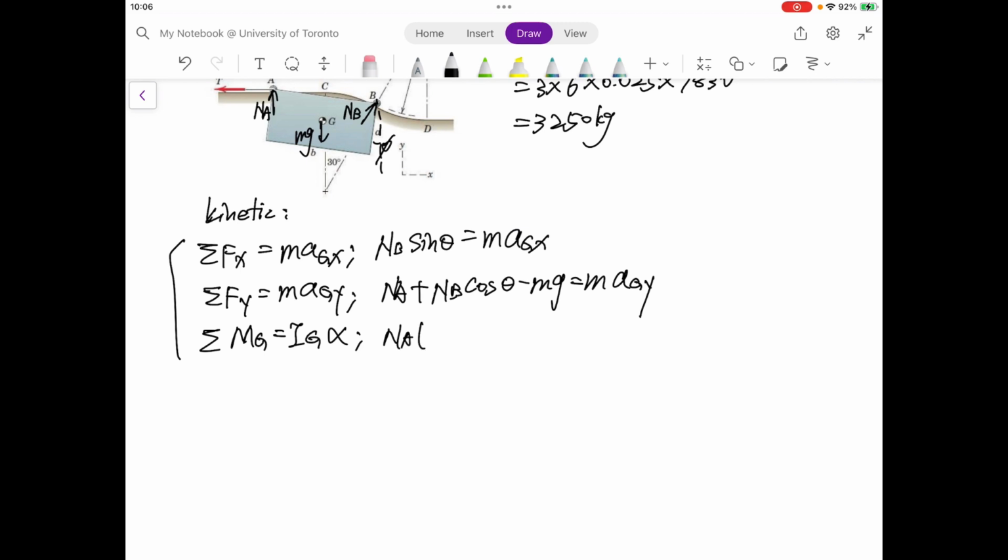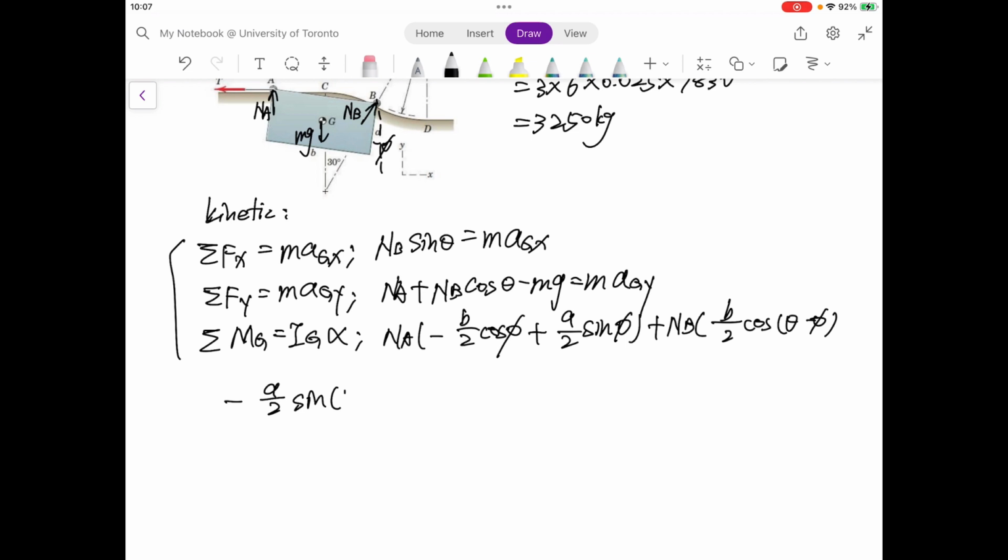Then N_A times negative b over 2 cosine c plus a over 2 sine c, plus m_B times b over 2 cosine theta minus c minus a over 2 sine theta minus c, is equal to I alpha. Then I is equal to 1 over 2 m (a square plus b square) times alpha. Here's our three equations.